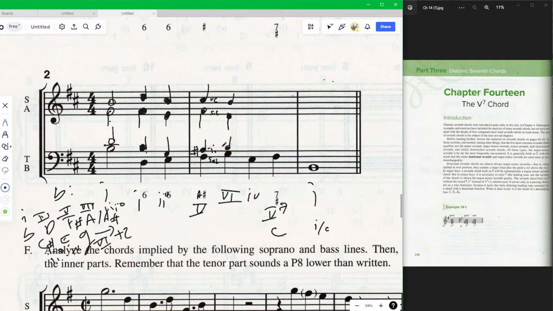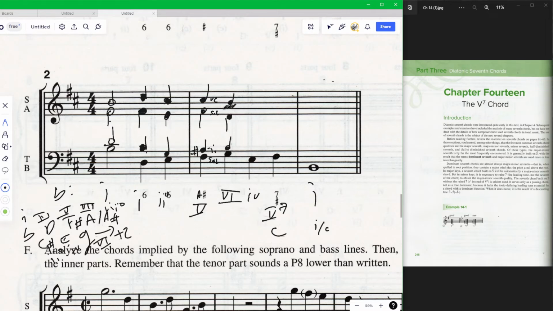What happens if we don't resolve it correctly? Well, we'll end up with parallel octaves, or 5ths I should say. So let's say we take up to G, and we have 2 roots. F sharp to G, F sharp to G, parallel octaves. So we don't want to do that. We'll take this down.